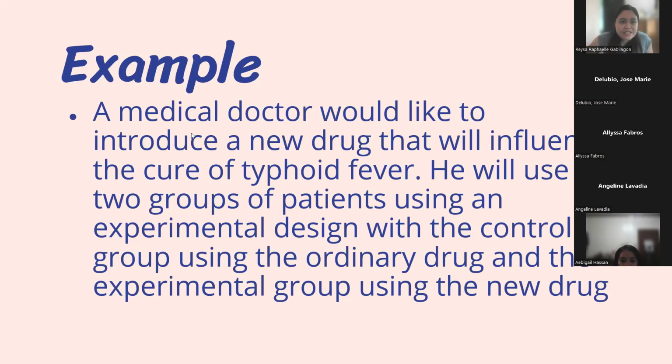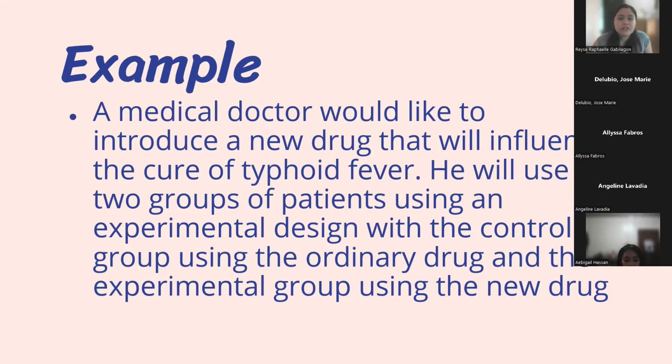So we have here an example of an experimental research. A medical doctor would like to introduce a new drug for the cure of typhoid fever. So he will be using two groups of patients. The one will be under the experimental group, and then yung isang grupo is the control group.